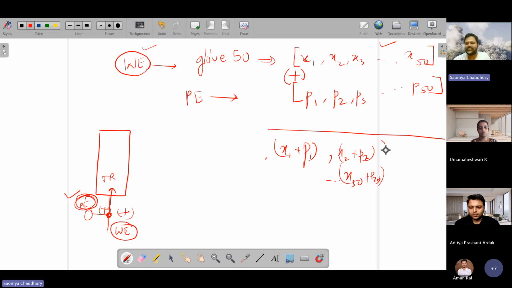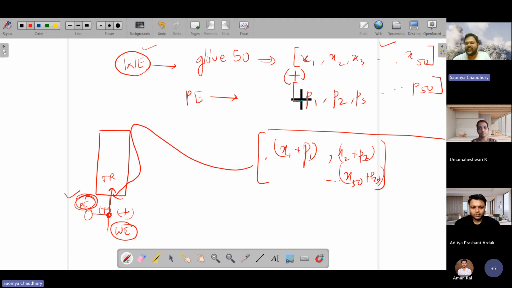This becomes the input of the transformer. Is this concept clear to everyone?